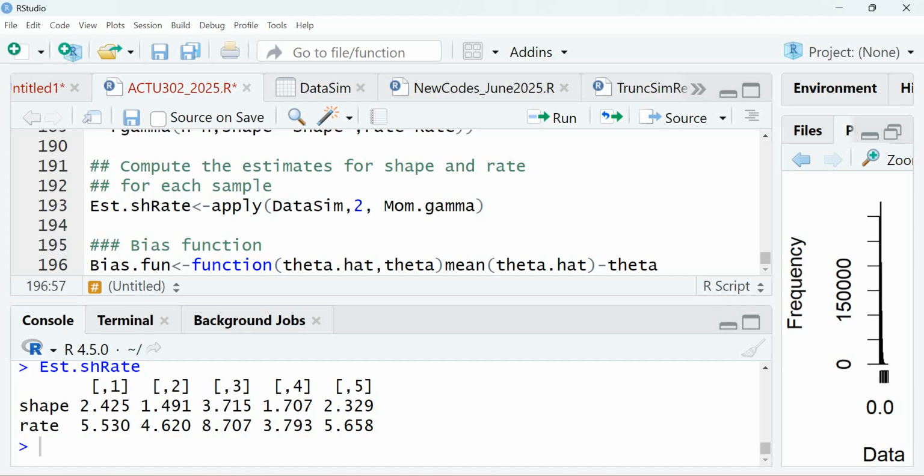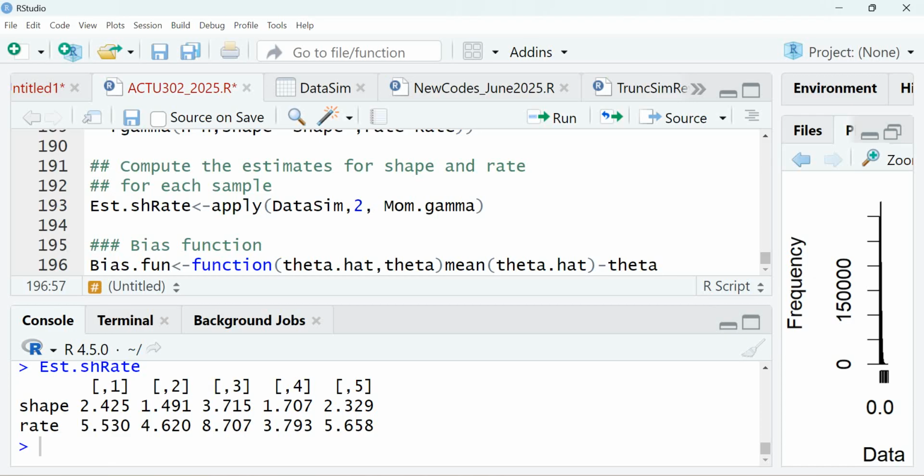Now we're going to compute our mean square error as 1 over the number of repetitions r, times the sum of theta hat i minus theta, all squared, and of course i will move from 1 to r. So this will compute our mean square error for us.